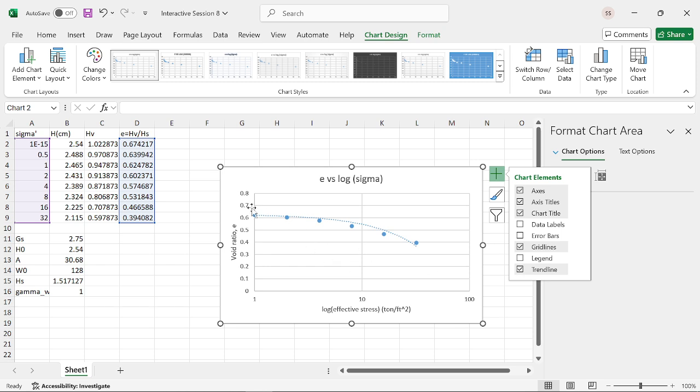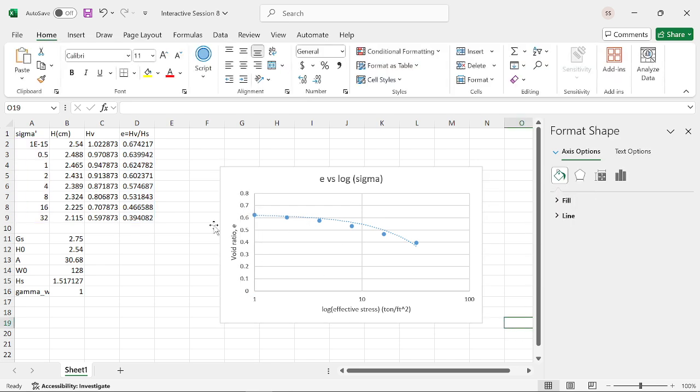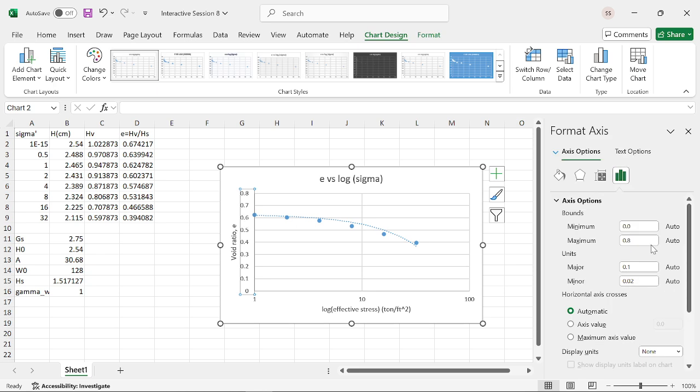Let's take it from 0.2 to 0.8, and let's take this from 0.1 to 100.